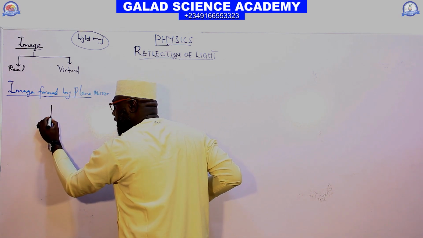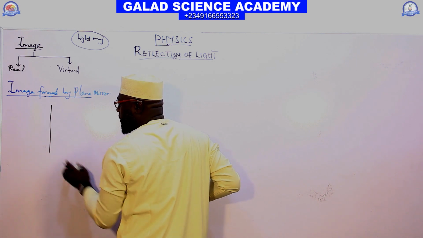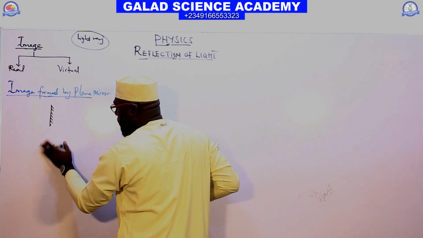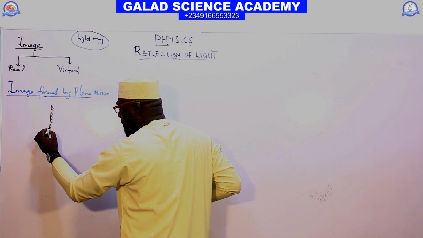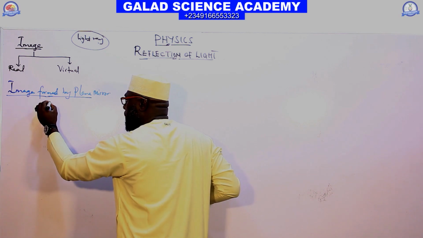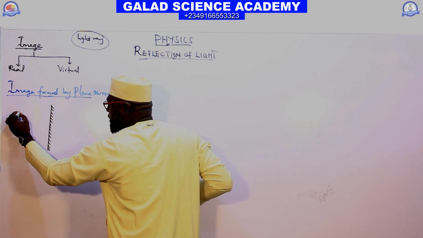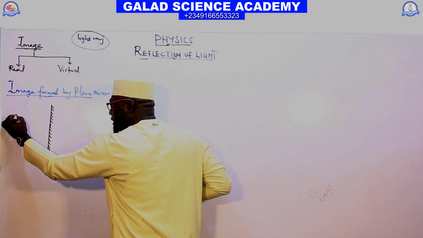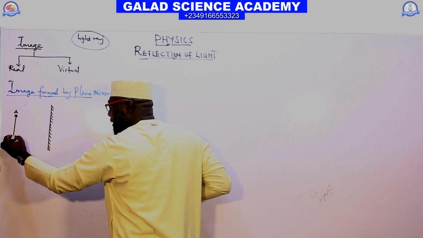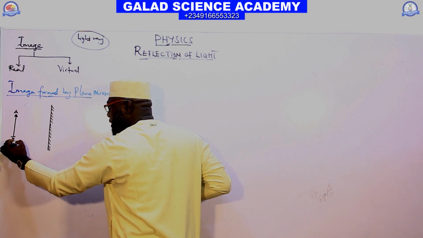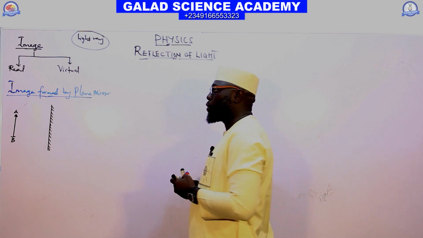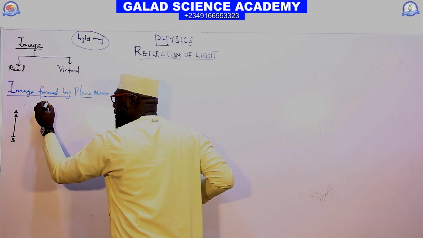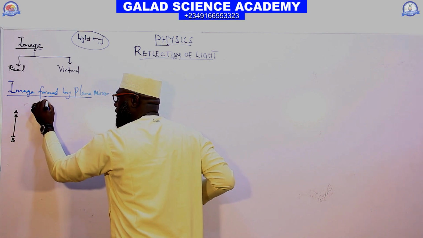Assume this is a plane mirror. And here we have an object that stands in front of the mirror, like this. Let me call the top A and the foot B. We want to look at the image formed. And this is the mirror.